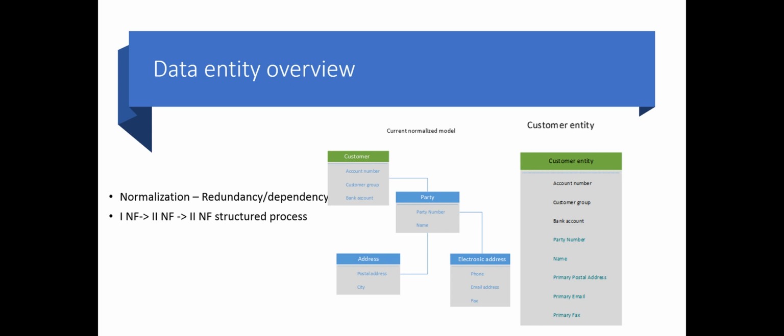For the user, for example, the postal address of the customer is still the data of the customer. The email address of the customer is still customer data. The city and everything, they are just the data of the customer, so they are not interested in the table structure. And a data entity is the denormalized form, so the way users see this data. That's what you can see on the right side of the screen.